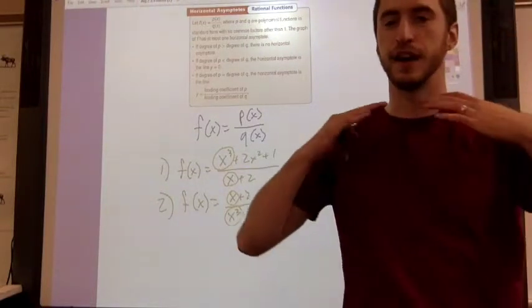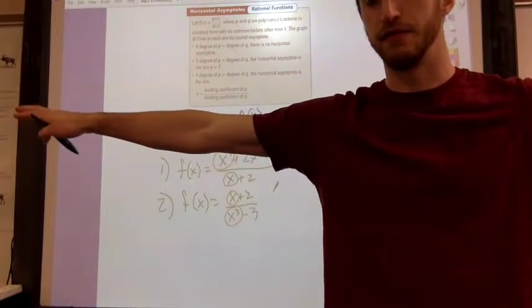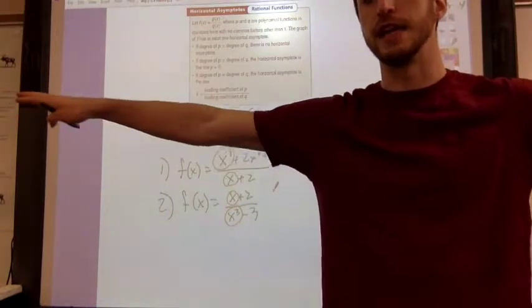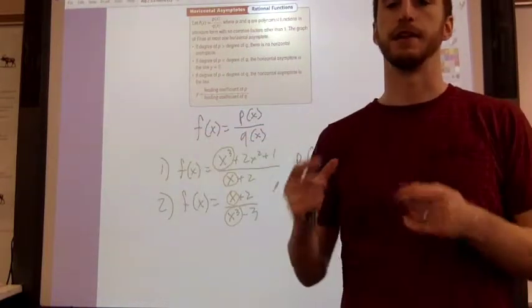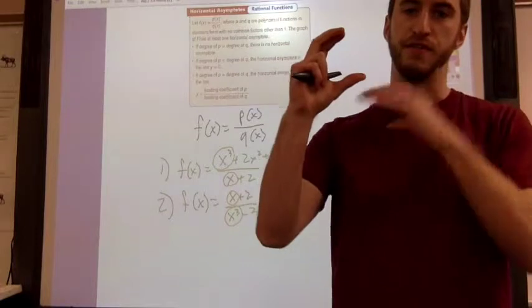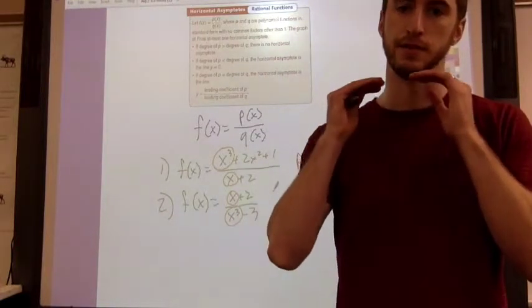And so as those values go out towards infinity and negative infinity, those x values continue to increase to the infinities. A smaller number divided by a bigger number is going to get smaller and smaller and smaller and approach 0.